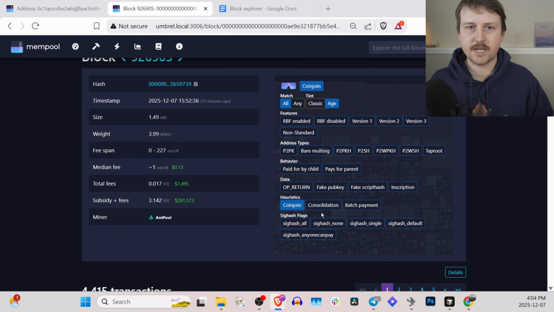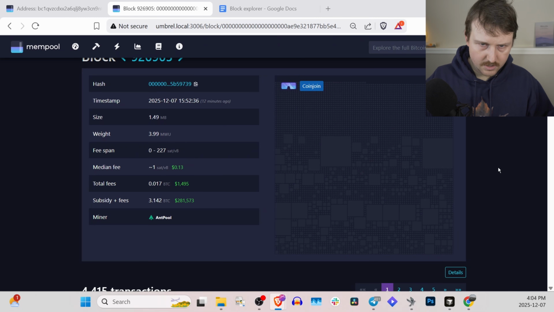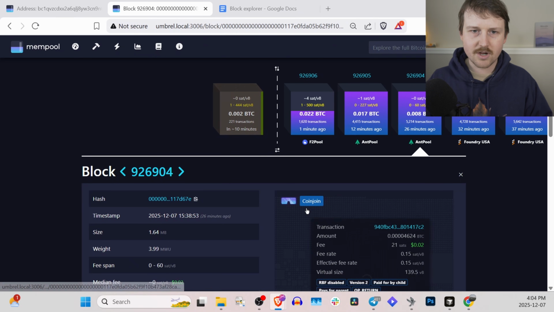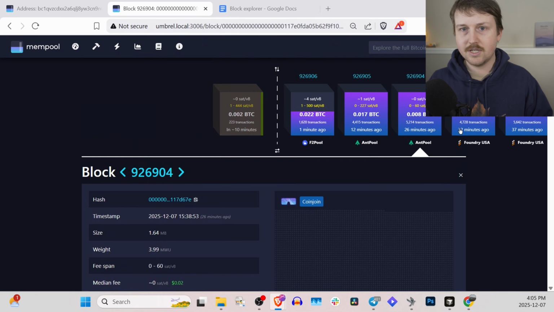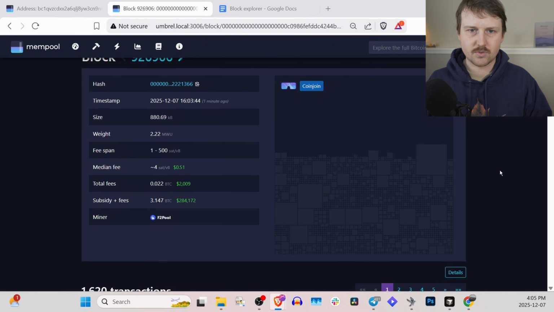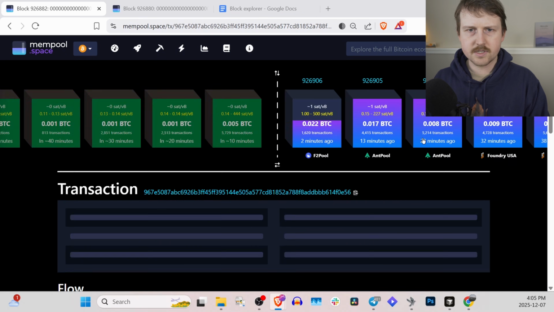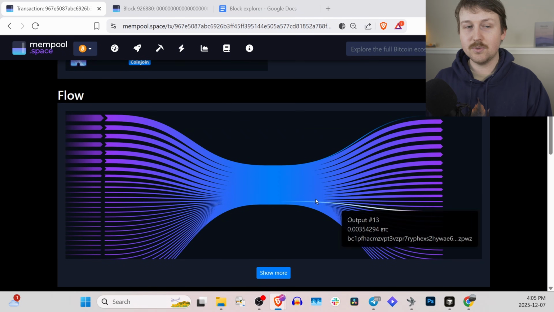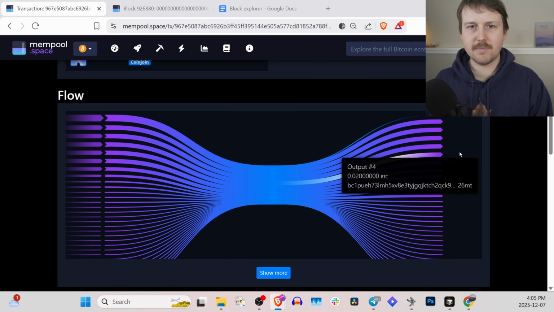So let's take a look at CoinJoin transactions, and there unfortunately was none in that block. We're just going to kind of look for a block that has some CoinJoins in it. So here is a CoinJoin transaction, and you can see it looks really cool. So all the inputs are matching the outputs.